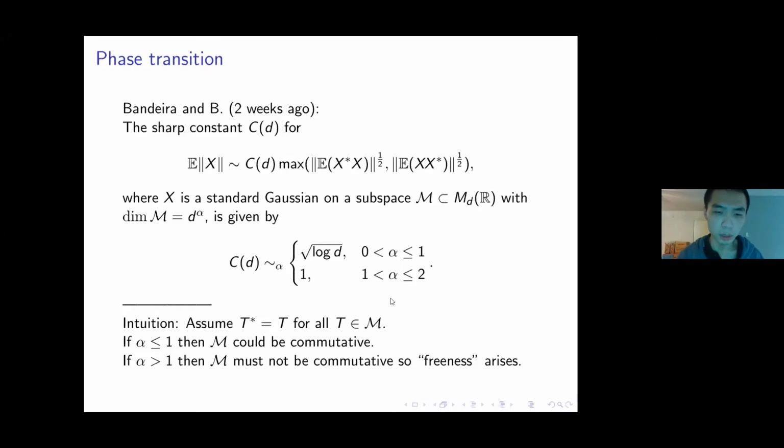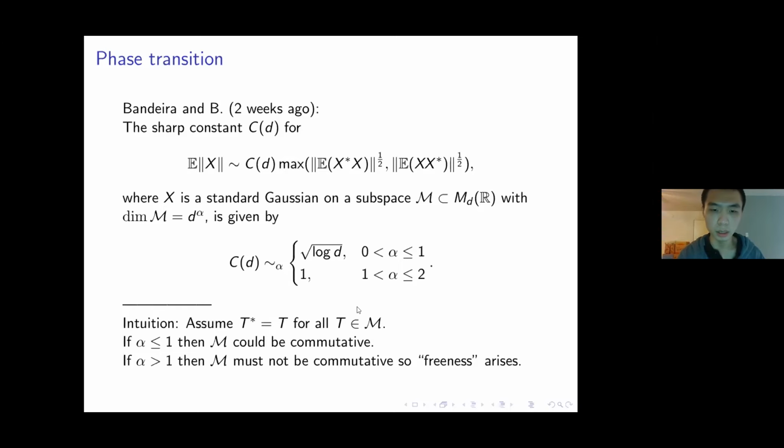Okay, so is there some intuition from the Banach space point of view? I don't see the intuition, but from the operator algebra point of view, this is the intuition that we have.